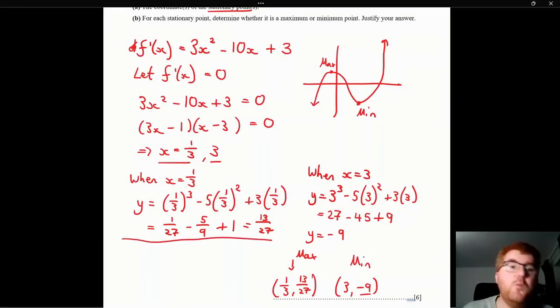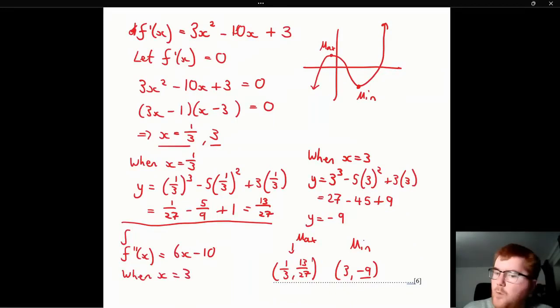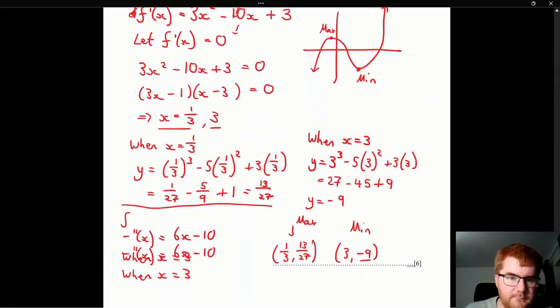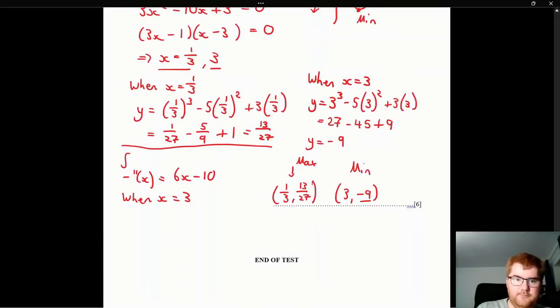The official way of actually working this out is working out a double derivative. So if we differentiate this again, we get 6x minus 10. And then if I put in, for example, when x is 3, so this is what I said was the minimum. Okay, a little bit of lag. There we go.